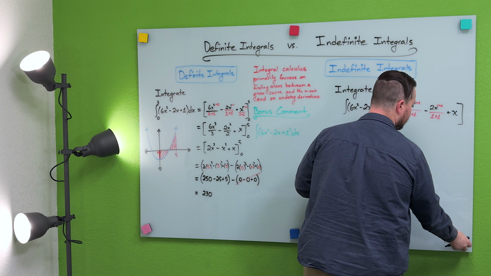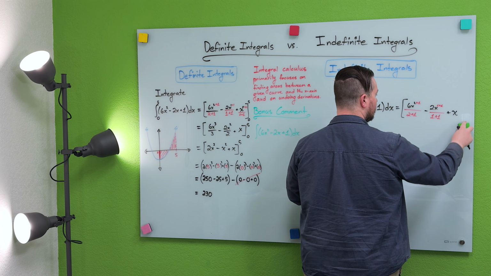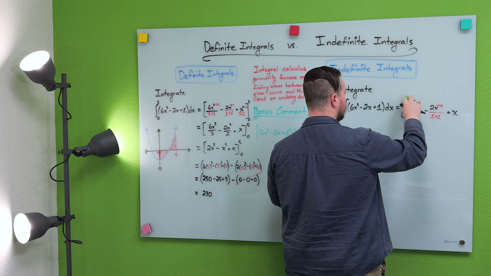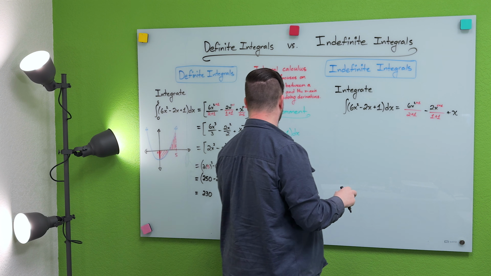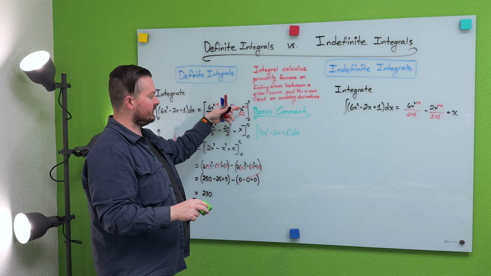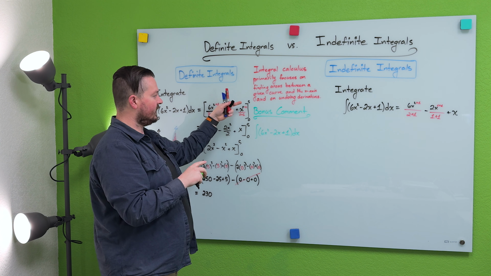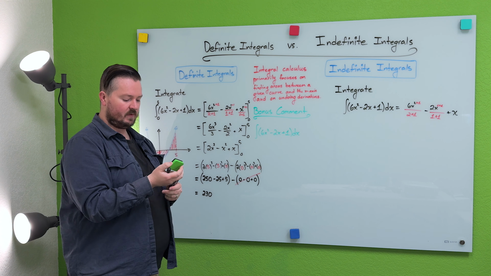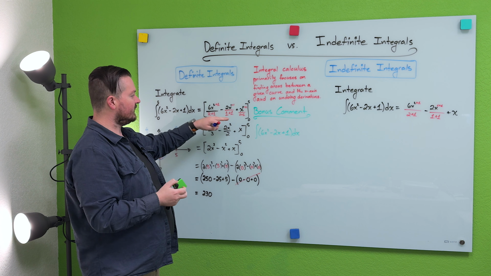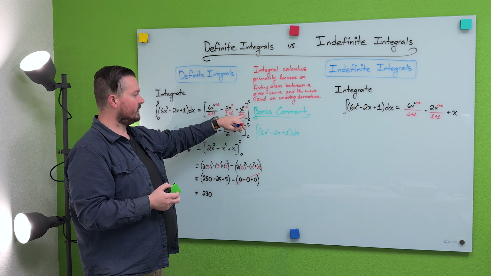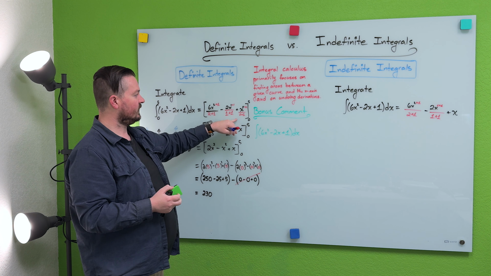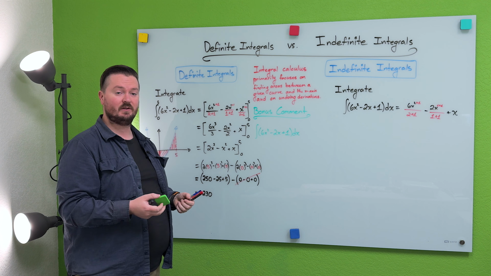Now here, I don't need the brackets because we don't have limits of integration. We need brackets when we have limits of integration, because they tell us which pieces of the function we should be plugging those numbers into.